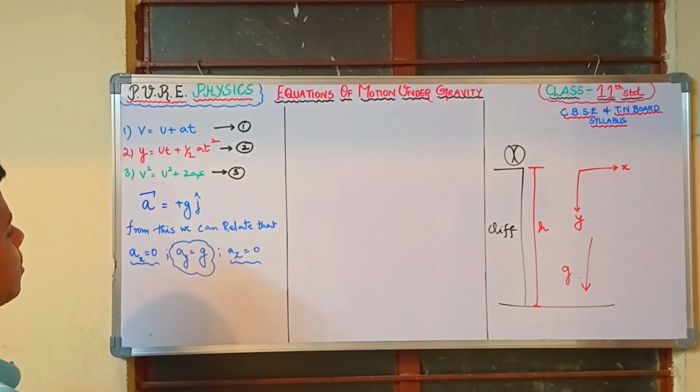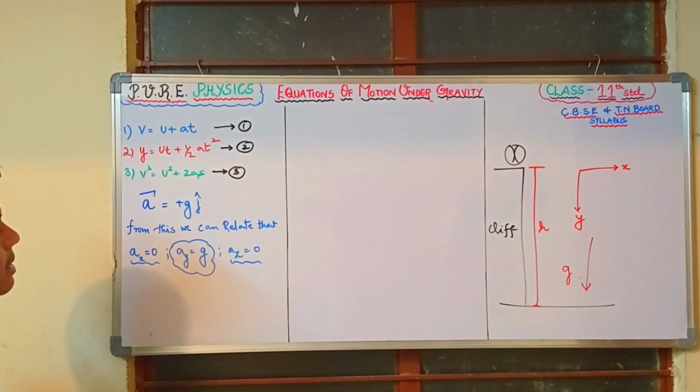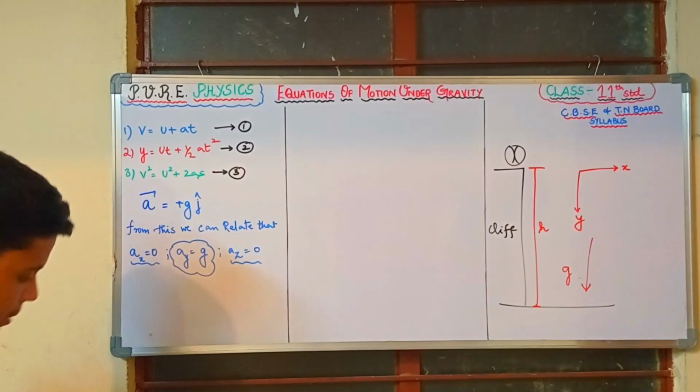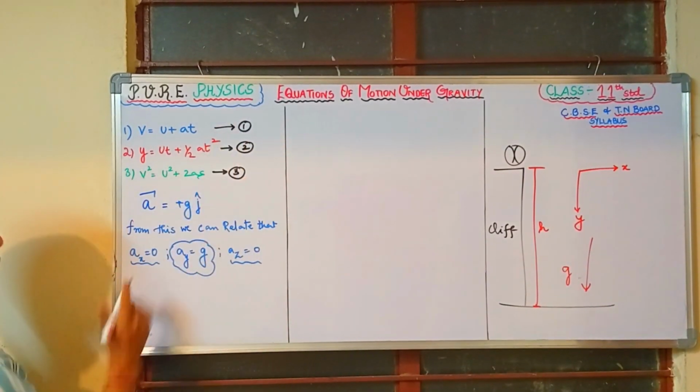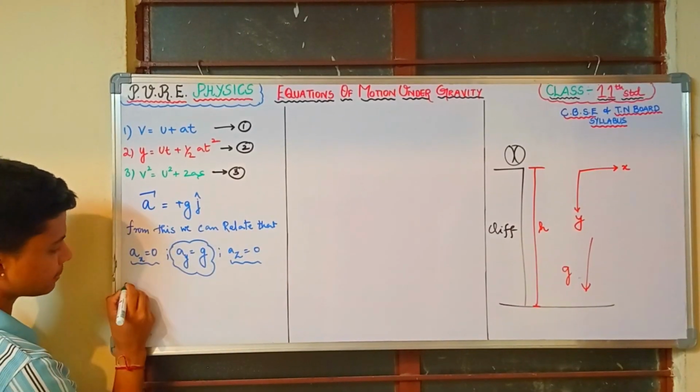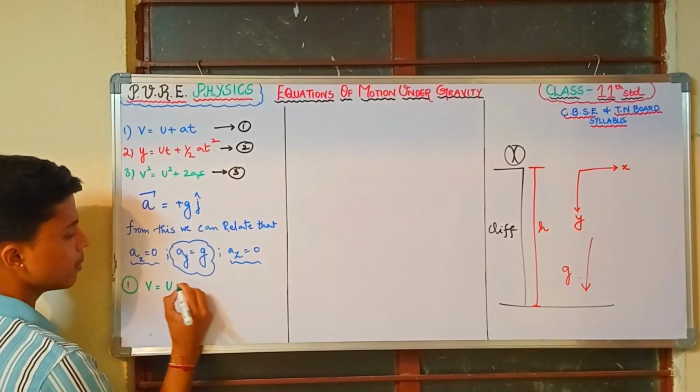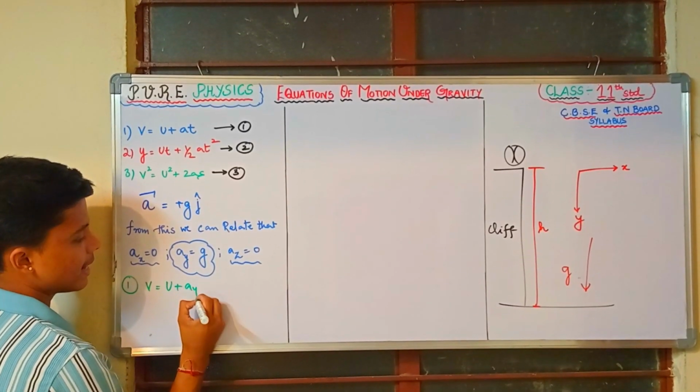Now I'm going to substitute a_y equal to g for every value of a in all these three equations. Let me rewrite the first, second and third equations. The first equation can be written as v = u + a_y t.